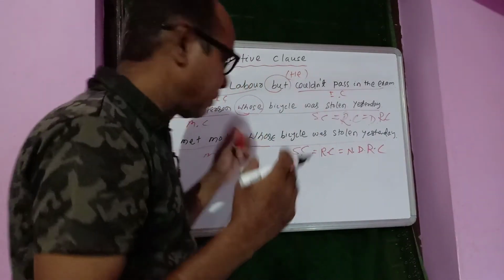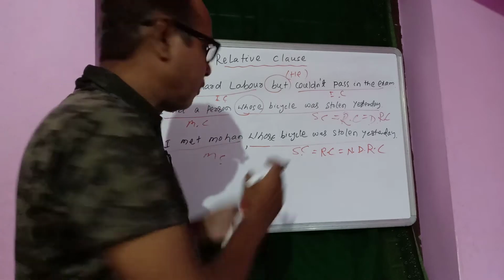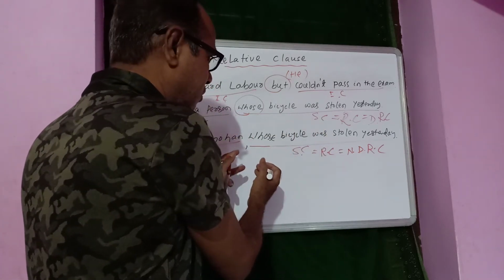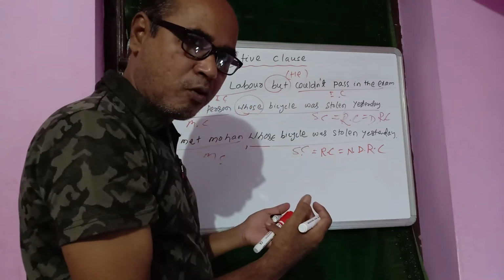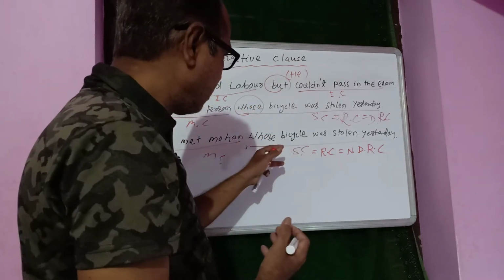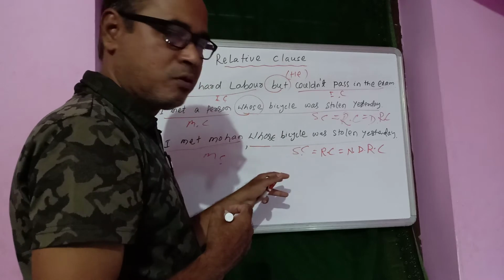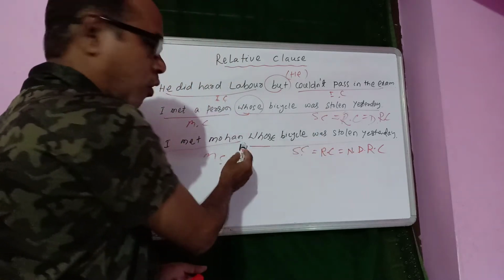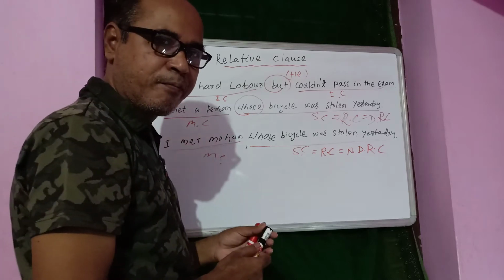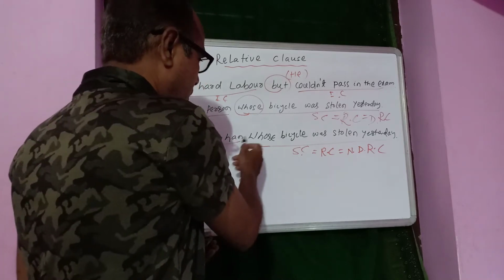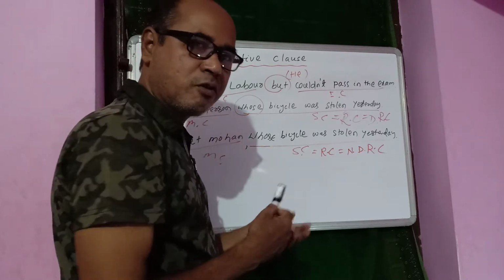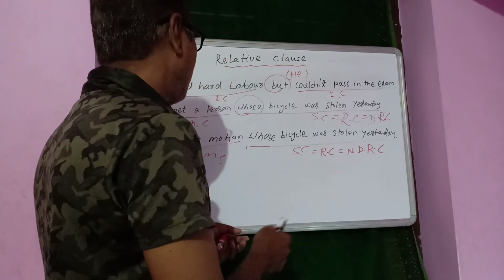Now, we can use a comma before the relative clause and after the relative clause. But here, as the non-defining relative clause is used at the end of the main clause, there is only one comma, before the relative pronoun. This is used as a subordinating conjunction.